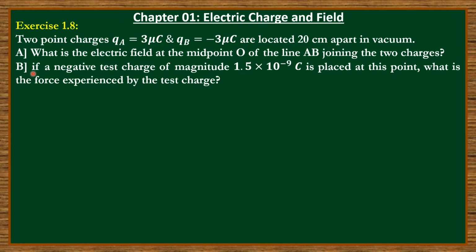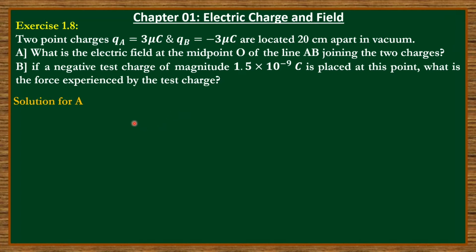Question B: if a negative charge of magnitude 1.5 into 10 raised to minus 9 coulomb is placed at this point, what is the force experienced by the test charge? So two questions, two different situations they have given, so separately we have to solve it.